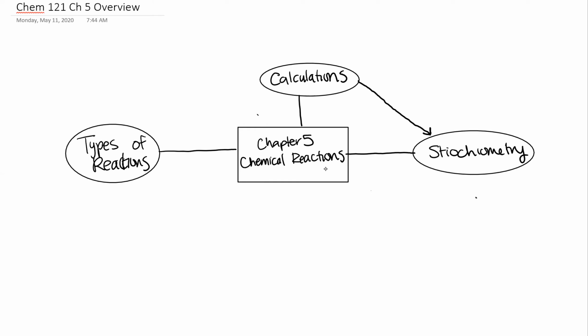So let's start with the types of different reactions. There's lots of these, but I want you to focus on just a few. So the most important ones are going to be double replacement, which I actually think of as precipitation and refer to it as that, precipit.